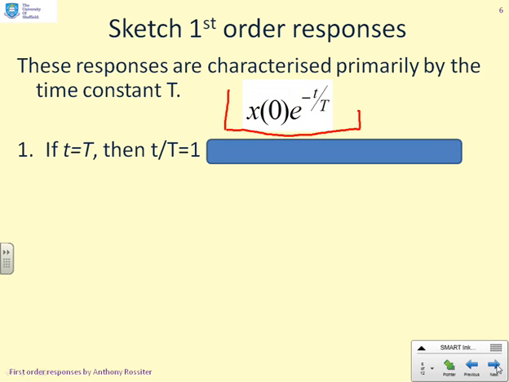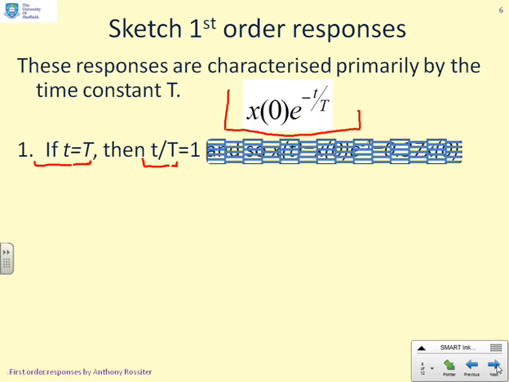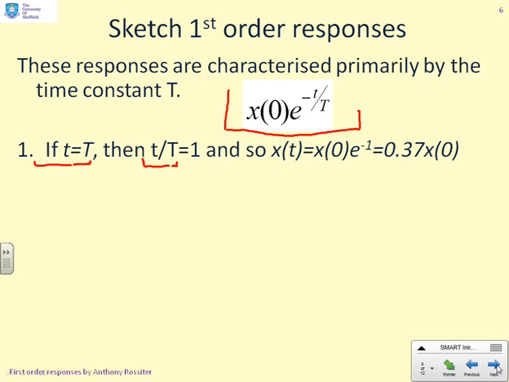So what I'm going to do is substitute in some key values of t. So here we go, time equals capital T. And if I do that, then time over capital T becomes 1. And I'm going to substitute that into the equation above, x(0) e to the minus t over T. And hopefully you'll see that I therefore get x(t) equals x(0) e to the minus 1.